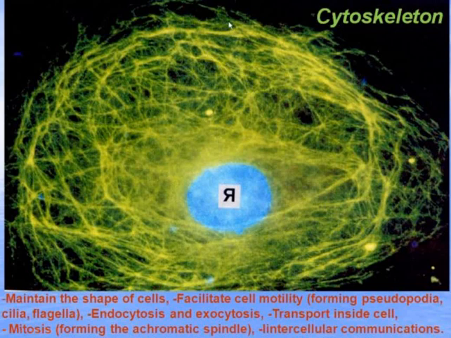They participate in endocytosis and exocytosis, the transport of substances and organelles inside cells. They participate in mitosis, forming the achromatic or mitotic spindle, and also participate in intercellular communications.